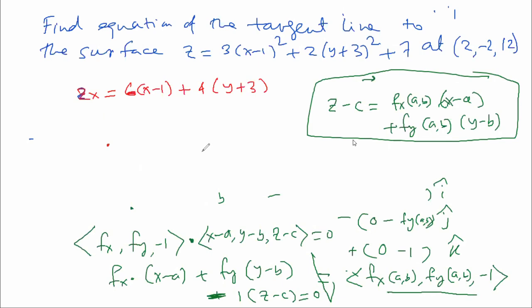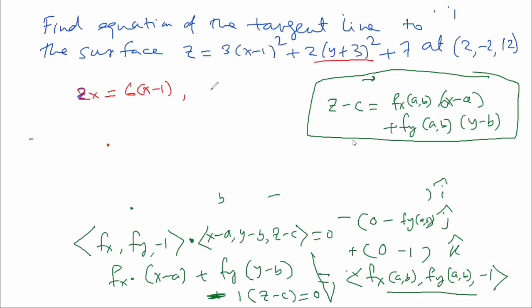Okay, sorry. See this mistake? It can happen. If you take the partial derivative with respect to x, y is constant, right? So this should be 0. Clear?